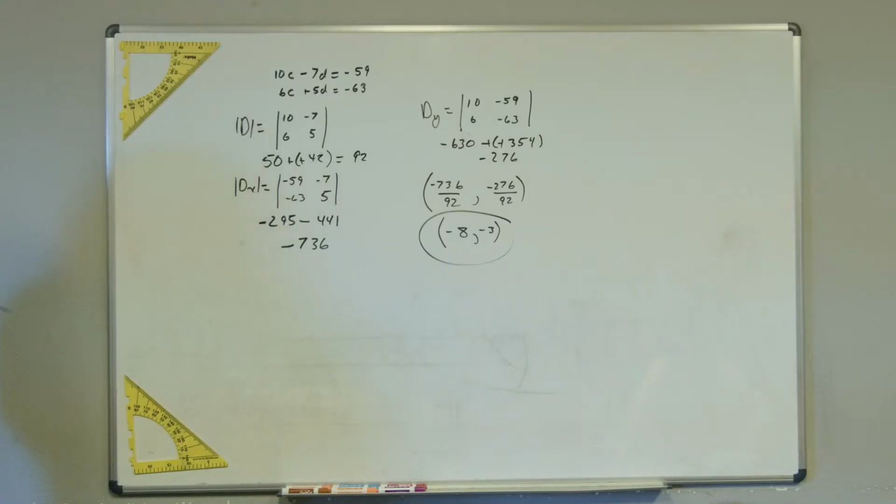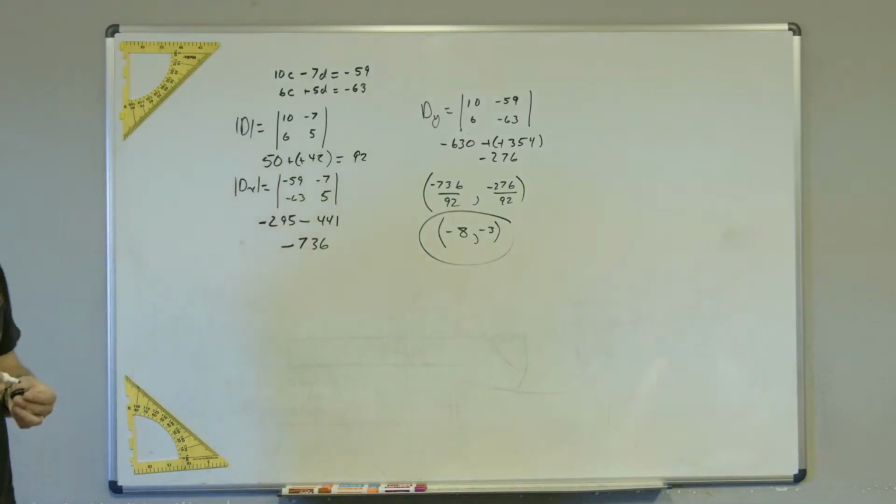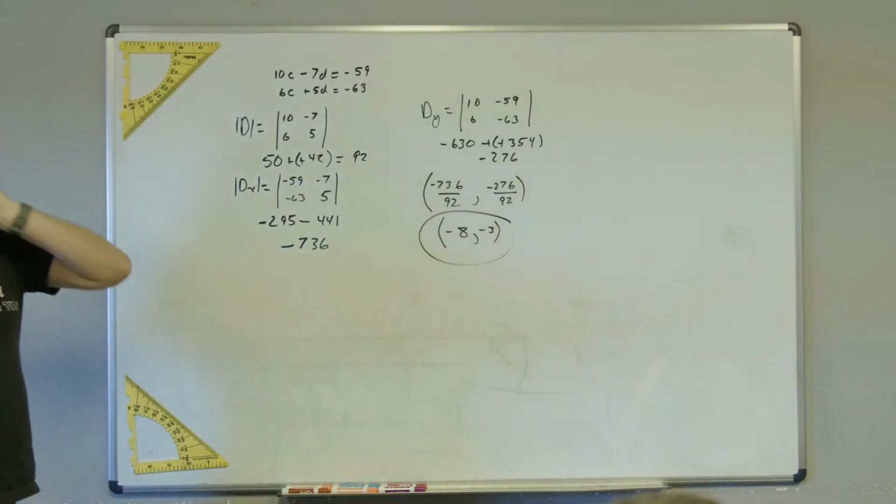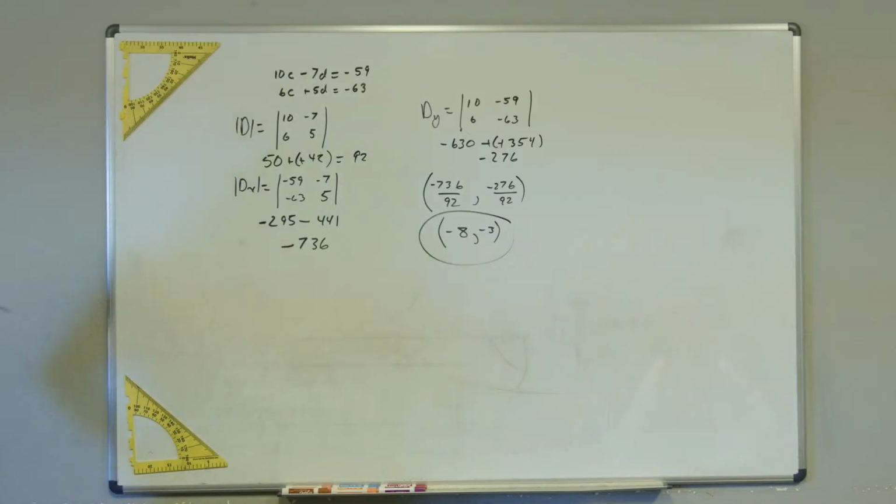Yay. Cramer's rule for a 2x2 system is honestly a pretty great method. You could make some level of argument about which one of the methods is the easiest for a 2x2 system. I think Cramer's rule is up there as far as always working out fairly easy.